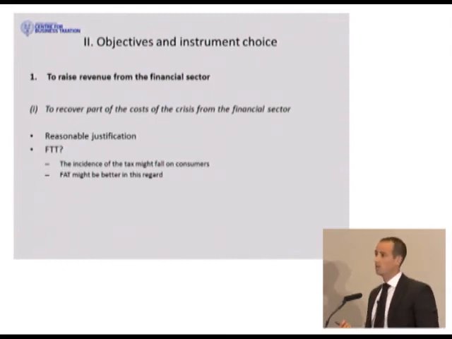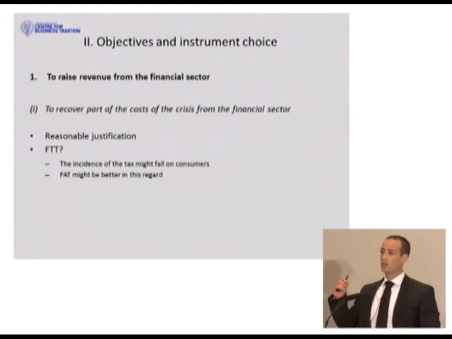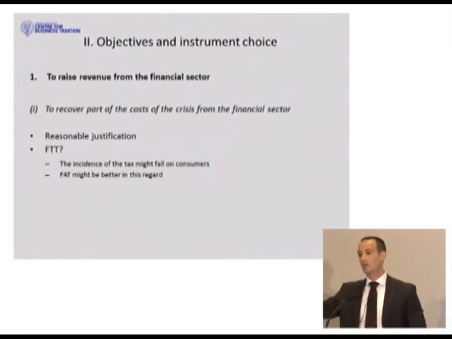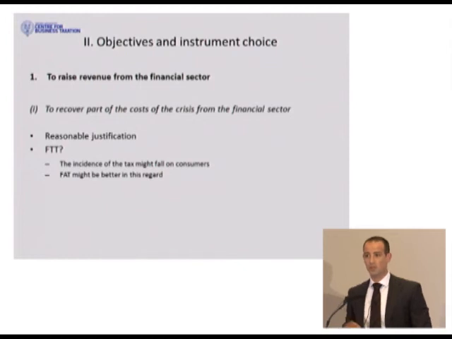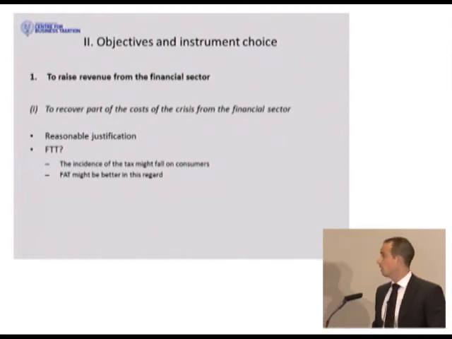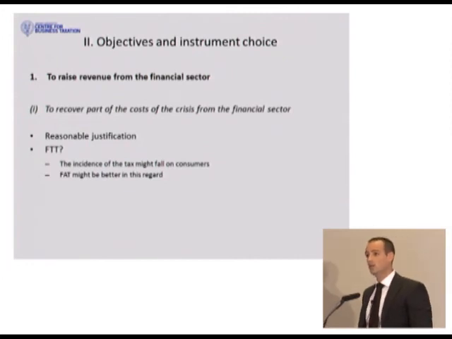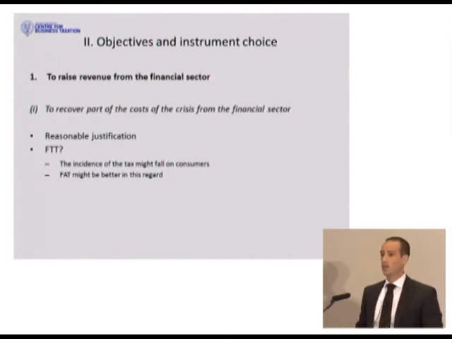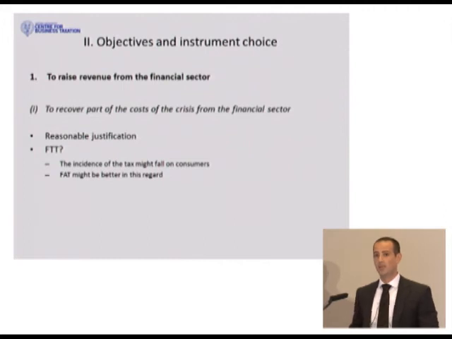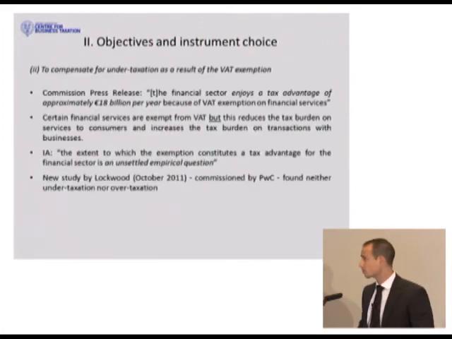So here we have a tax which is meant to recover the cost of the crisis from the financial sector, which is actually borne by the consumer. That doesn't make much sense. The FAT would be better in this regard, because whilst there is some uncertainty about the economic incidence of the FAT, there appears to be a greater likelihood that it falls on its intended target. So I would prefer an FAT to achieve this objective.